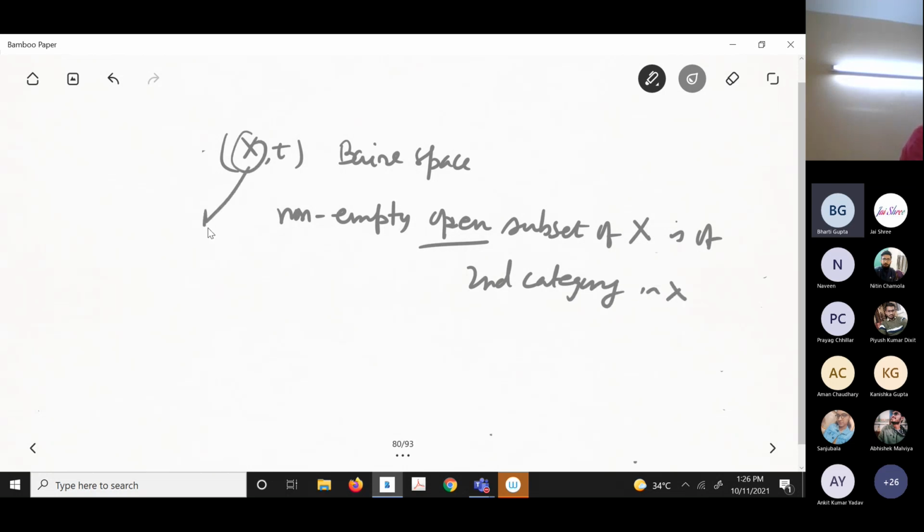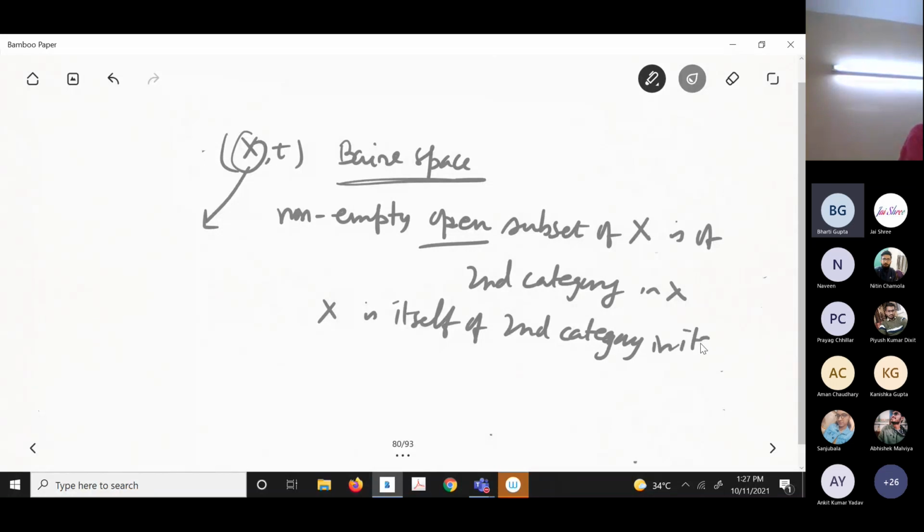Particularly X itself is a non-empty open set. So if you have a Baire space, then X is itself of second category in X, or in itself. In itself means in X. So often we use that fact. If X is a Baire space, then X is of second category.